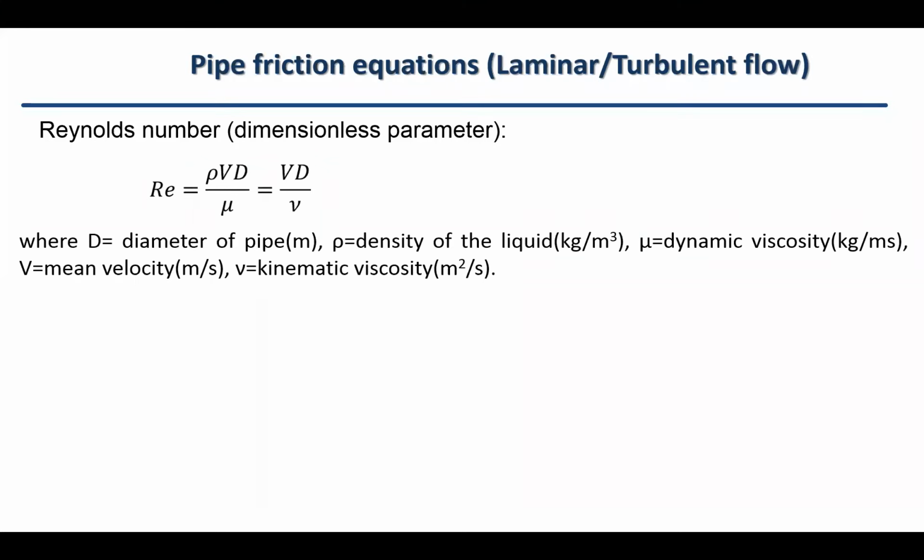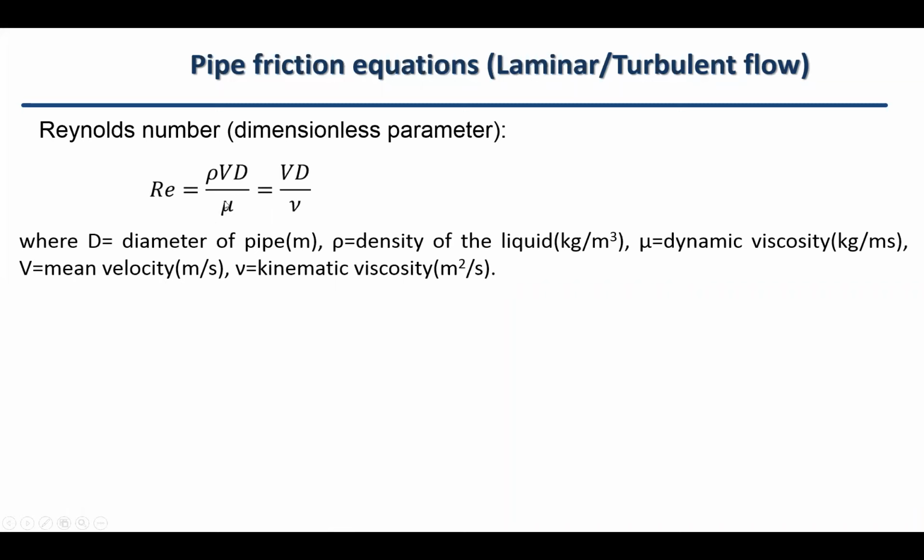In this formula, d is the pipe diameter, rho is the density of the liquid, mu is the dynamic viscosity, nu is the kinematic viscosity, and V is the mean velocity.